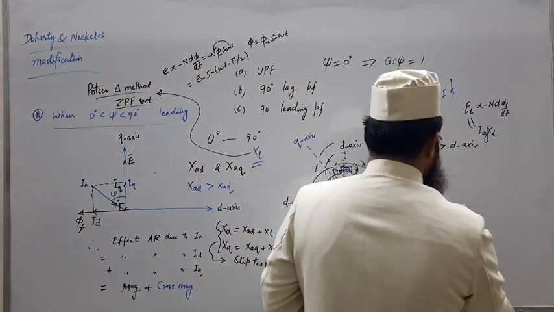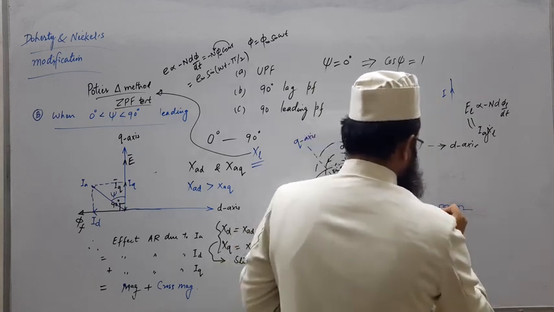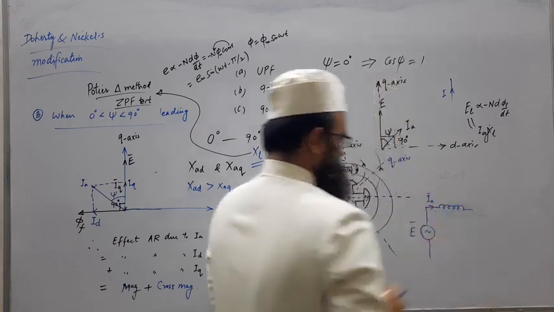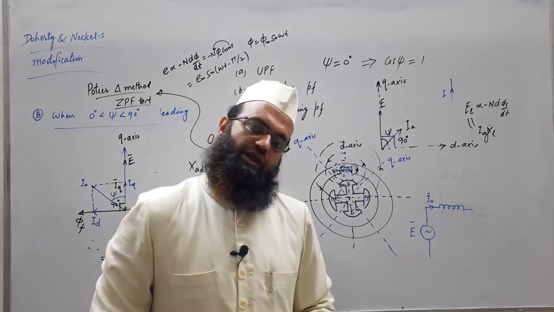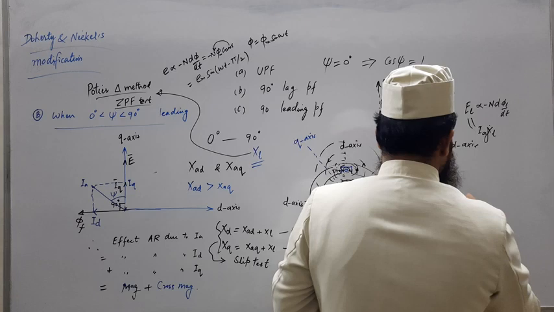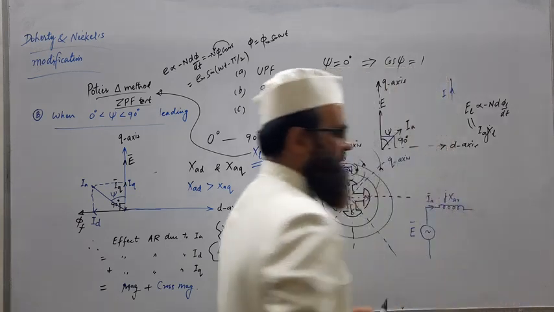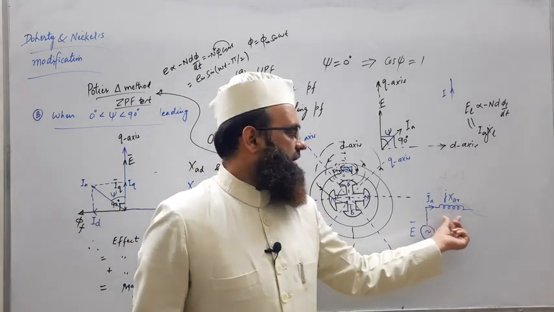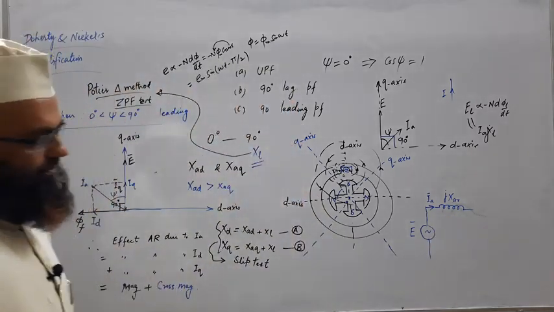If we represent current as IA, here IA, this is E. What is IA? Armature current flowing in the armature winding. So we may write here jXAR. So this will give the armature reaction drop. IA XAR will give the armature reaction drop.